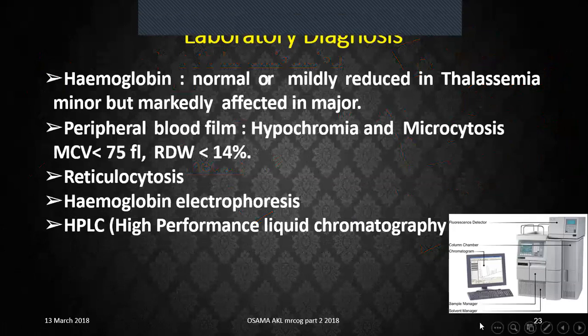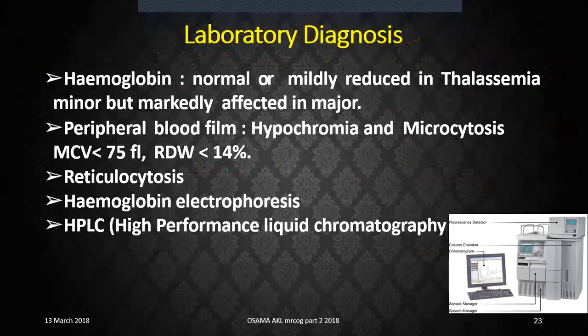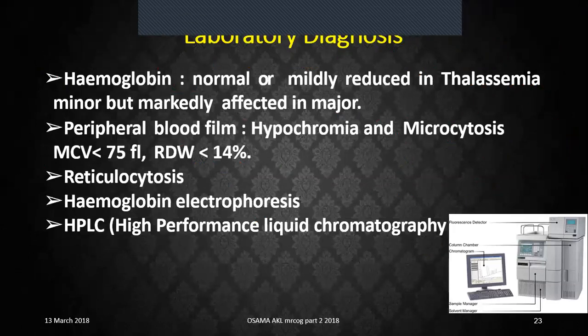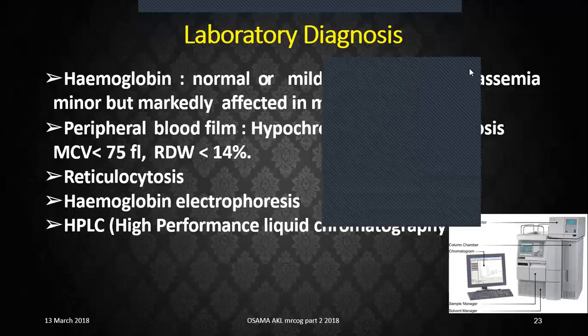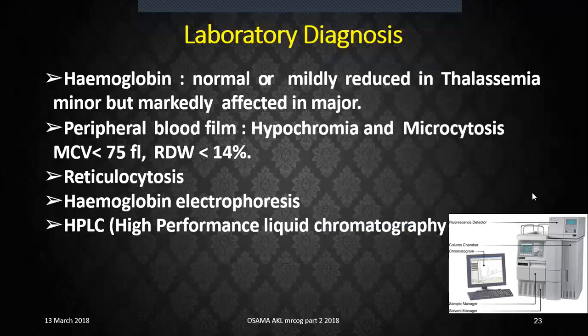Okay, how to diagnose thalassemia? As we said, it's microcytic hypochromic anemia, and it's the second one in the differential diagnosis of microcytic hypochromic anemia after iron deficiency anemia. In relation to the days of postpartum thromboprophylaxis, you will find that there are differences between the guideline of venous thromboembolism and thromboprophylaxis and the guideline for sickle cell disease and thalassemia.